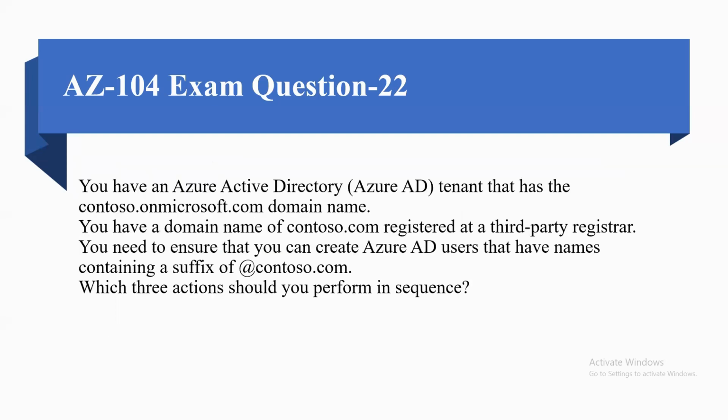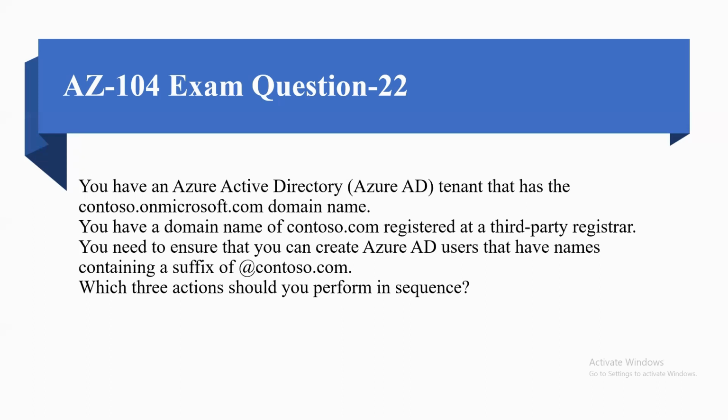Coming to the next question, you have an Azure Active Directory tenant that has a contoso.onmicrosoft.com domain name. You have a domain name of contoso.com registered at a third-party registry. You need to ensure that you can create Azure AD users that have a name containing a suffix of @contoso.com.